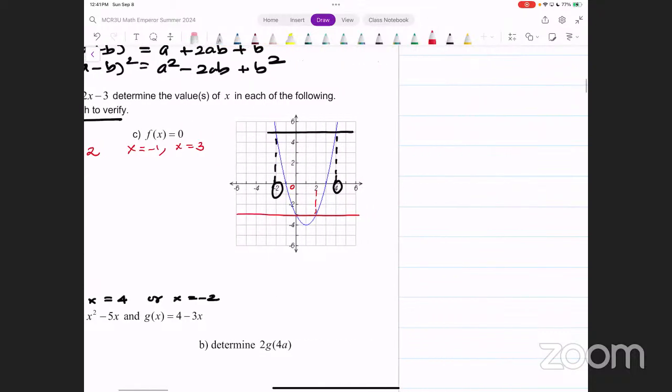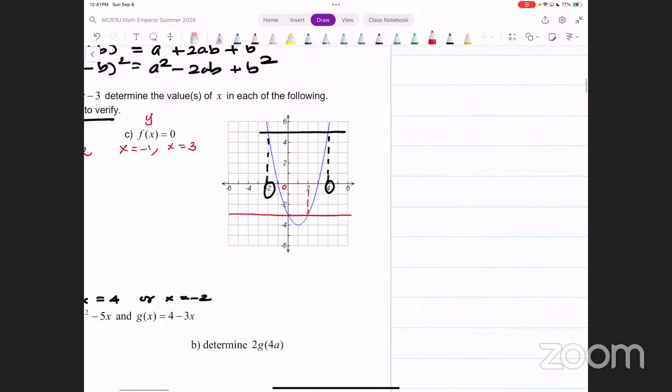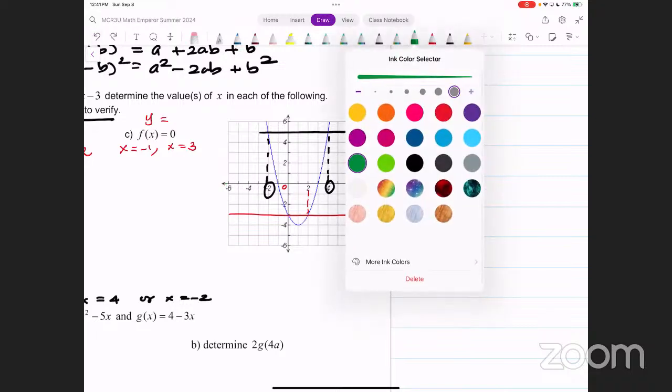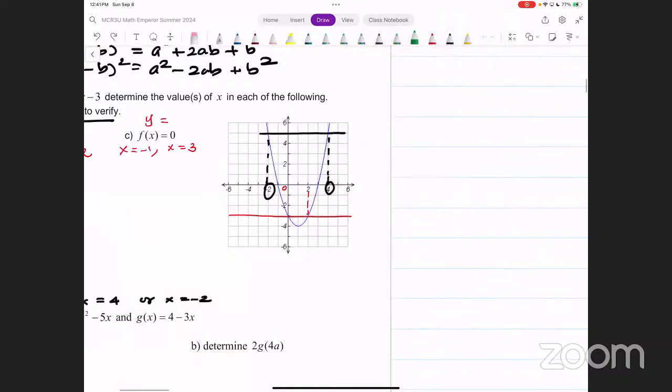Okay, so let's say f(x) equal to 0. f(x) equal to 0, I mean y is equal to 0, right? So y is equal to 0, I mean the x-axis. So if I'm going to draw the x-axis there, where do you think my x-axis crosses the graph? It's crossing the graph here, crossing the graph here, isn't it?